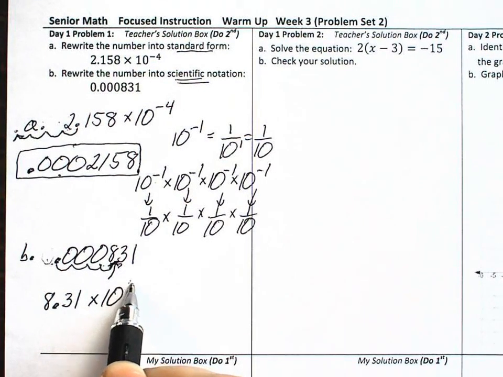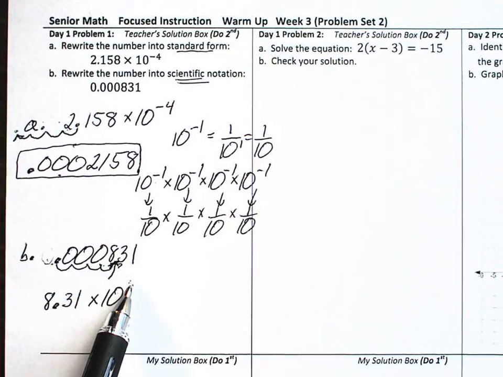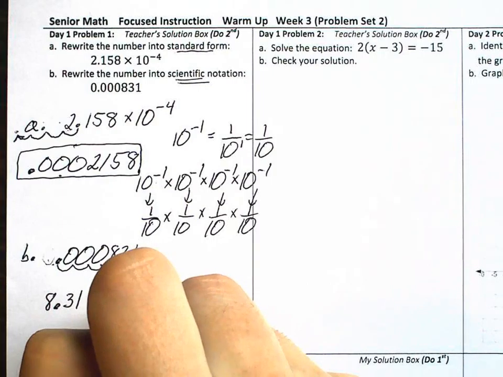If we write an exponent of 4, meaning a positive 4, and we think about what 10 to the 4th power does, that would move this dot 4 spots to the right, creating a larger number. Our original number was this very small decimal. So it's not a positive 4 that we need for an exponent. It's a negative 4.